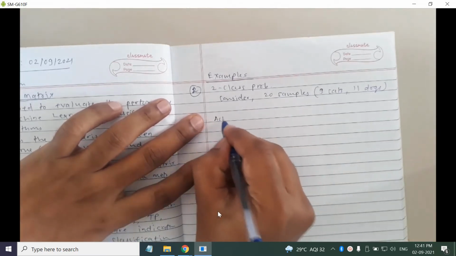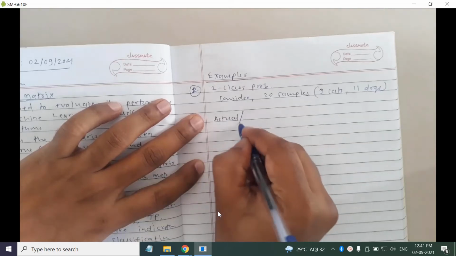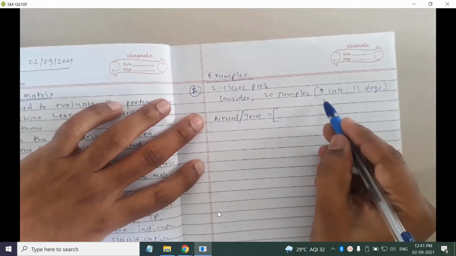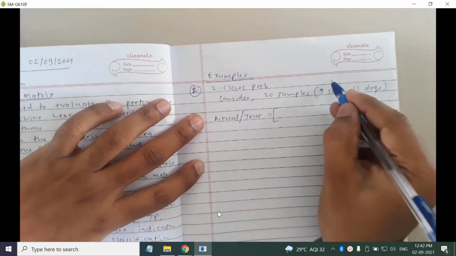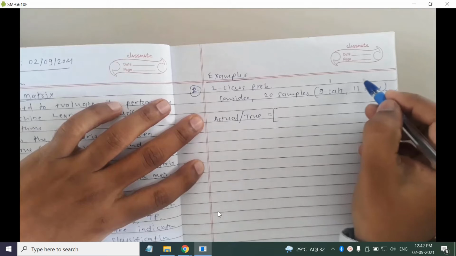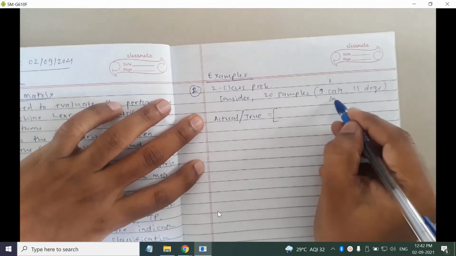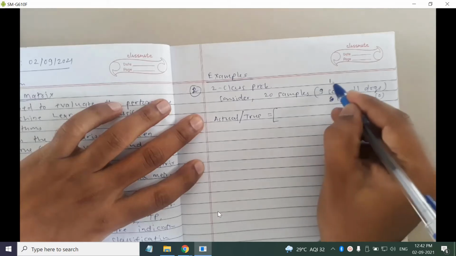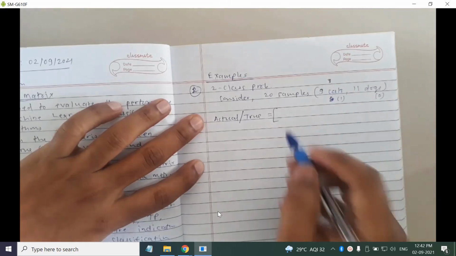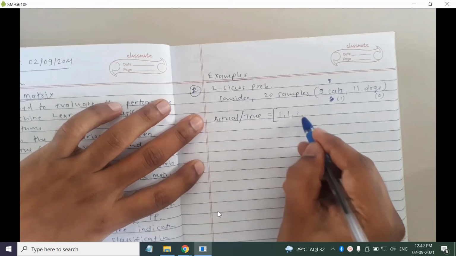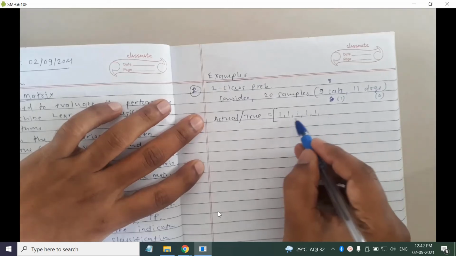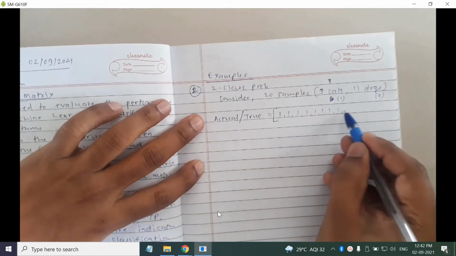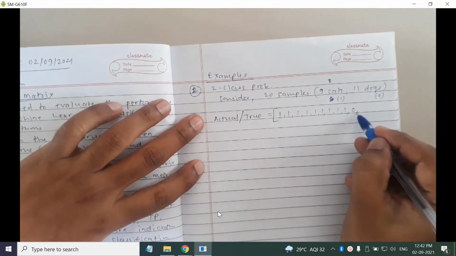Then we'll have actual or true labels. Now we know that there are 9 cats. Let's say we are representing cats by 1 and dogs by 0. So we'll have 9 ones and 11 zeros.